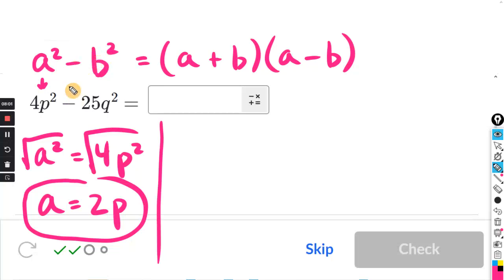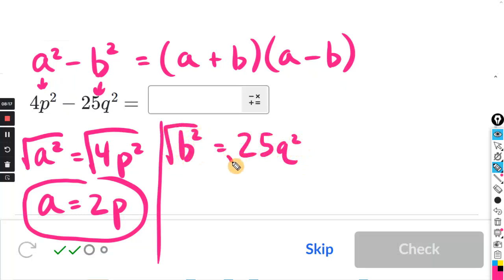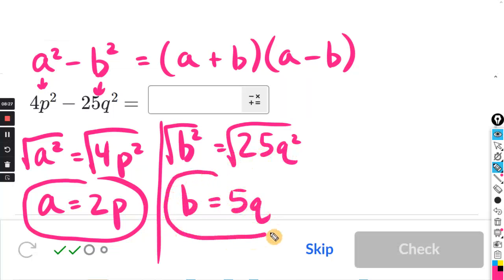The negative signs match, so the b squared is associated with 25q squared. The opposite of squaring something is square root on both sides. Square root of b squared is b. Square root of 25 is 5. And the square root of q squared is q. And now all you have to do is sub in.